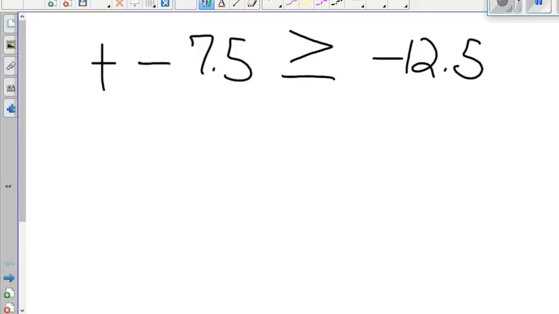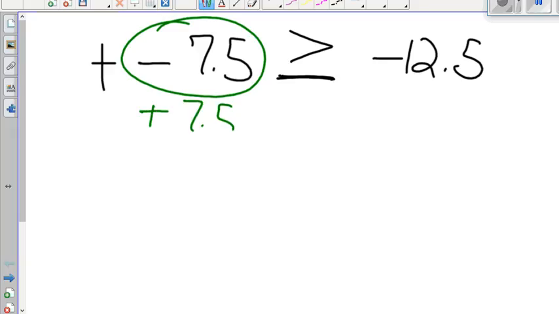And in this case, because it's addition and subtraction, we're going to do the exact same thing we did when this symbol was an equal sign. We're going to use our inverse operations, and we're going to follow that pattern. So if we're subtracting 7.5, we're going to add 7.5 to this side. That's inverse operation.